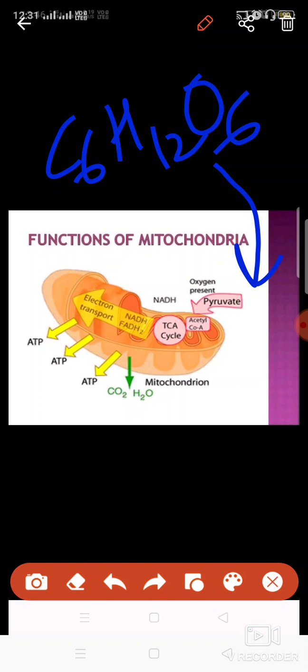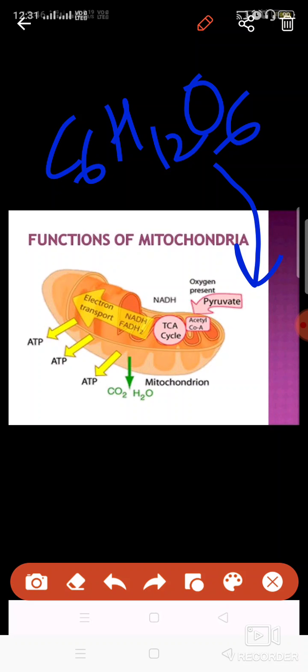Finally some energy compounds are formed like NADH and FADH2, that is nicotinamide adenine dinucleotide in reducing form, and flavin adenine dinucleotide. These compounds are formed here, and then they travel through the electron transport chain, and finally ATP is formed.